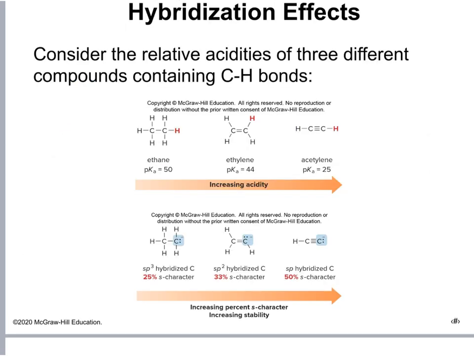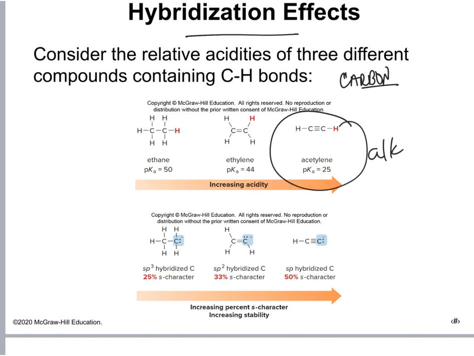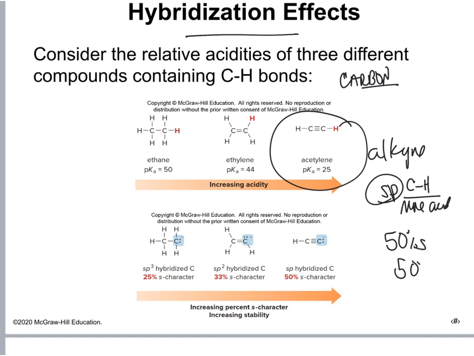Okay, hybridization effect, this is what I was telling you. You're going to mostly deal with carbon. So this explains why the alkyne, an sp carbon hydrogen, is more acidic. When you have an sp, you have 50% S character and 50% P character.